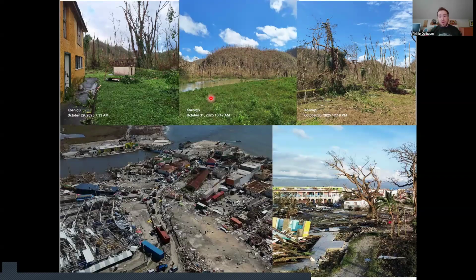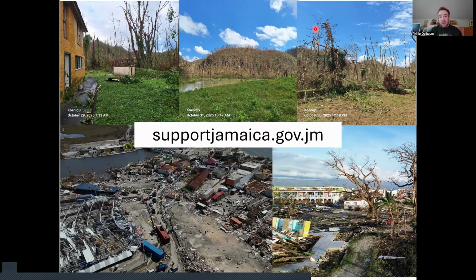As many of you know, Jamaica was just hit by their worst hurricane ever. These are some photos from Cockpit Country, which is the largest protected forest in Jamaica, and it's really devastating. I'm just going to throw this up here, in case anyone was looking for a place to donate to.